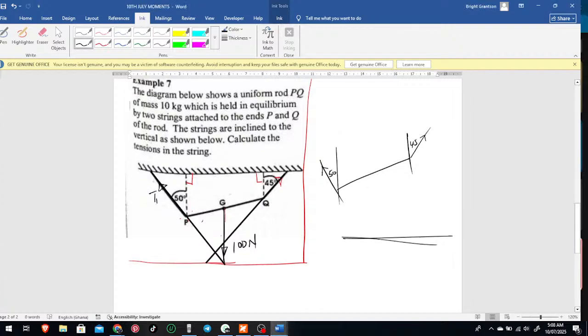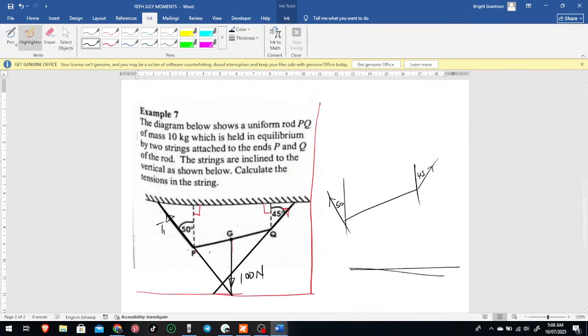It's like a ladder problem. A moment in a ladder problem.